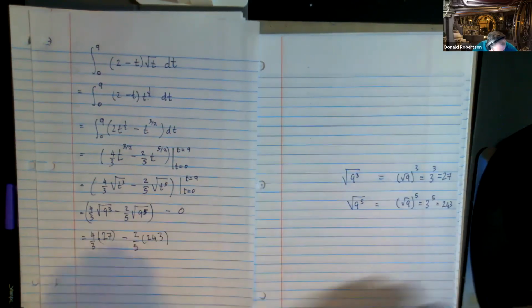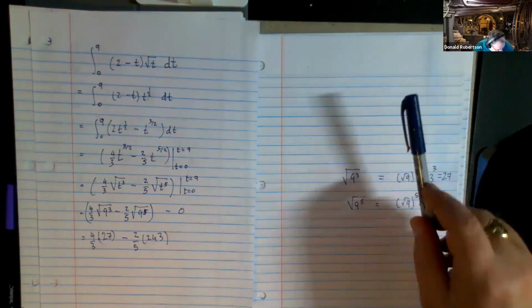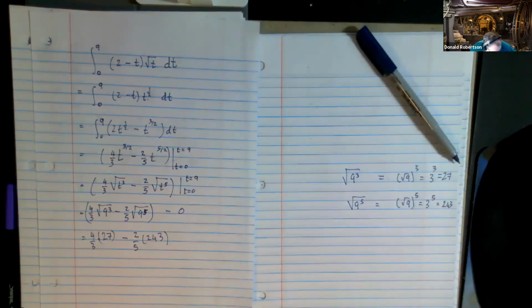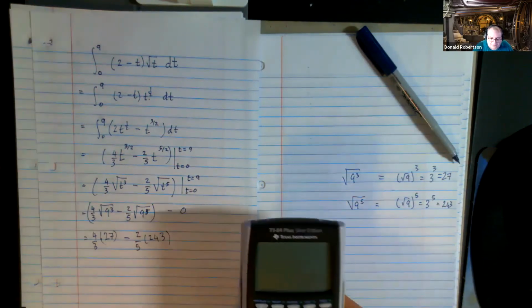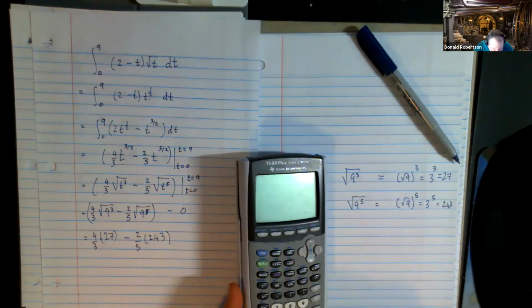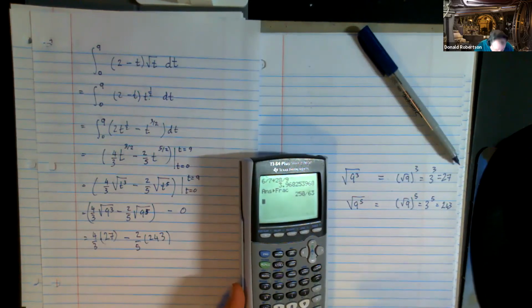And I am rapidly reaching the point where I don't want to do it in my head anymore. So I'm going to let the calculator finish this off. So what do I have? I have 4/3 of 27, which I actually could do without the calculator, but there we are. 4 divided by 3 and then times it by 27, which is that guy.